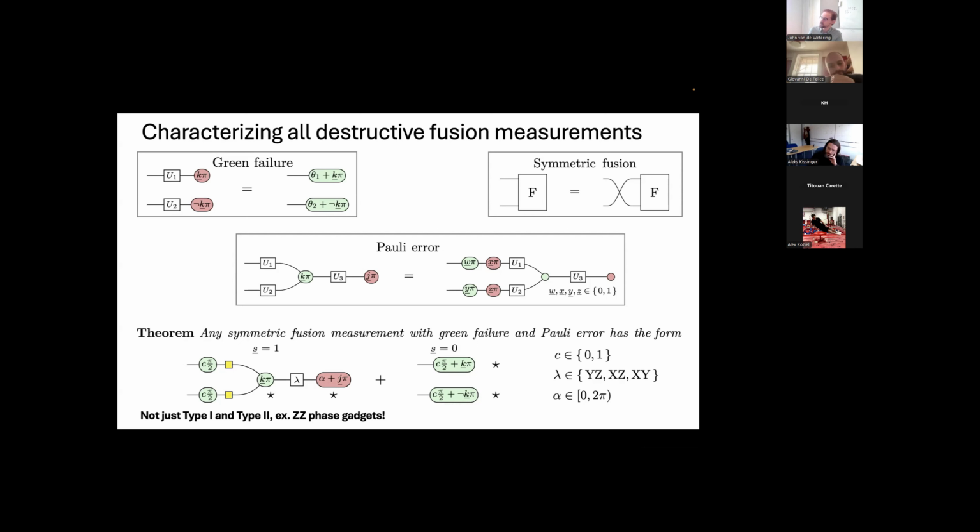So Giovanni, I was wondering, you say the streams allow you to write down repeat until success protocols. Have you thought about other examples of these things, like say I want to implement a gate at the kth level of the Clifford hierarchy.